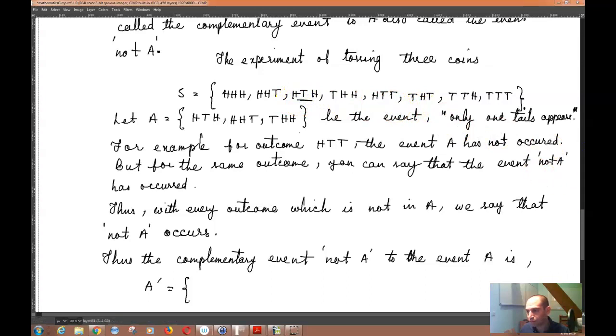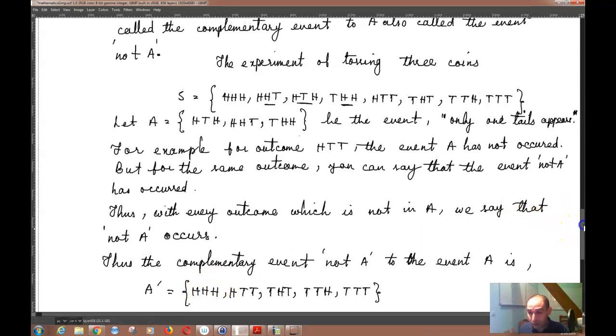HTH is here, HHT is here, THH is here, and except for these, the rest of the outcomes belong to A prime, which is HHH, HTT, THT, TTH and TTT. So you have 1, 2, 3, 4, 5 outcomes here.